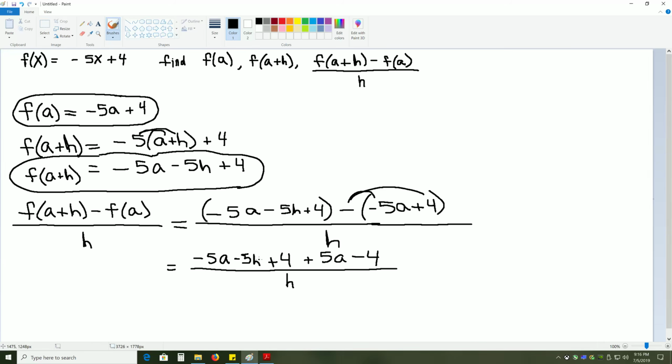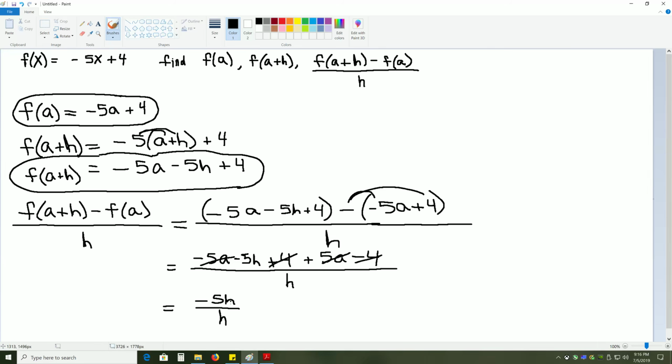And from here, the negative 5a and the positive 5a will cancel out, as will the positive 4 and the negative 4, leaving us with negative 5h in the numerator divided by h in the denominator.